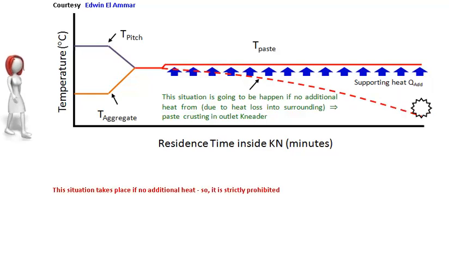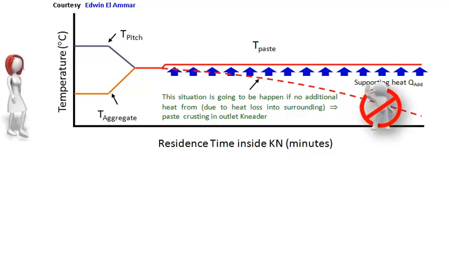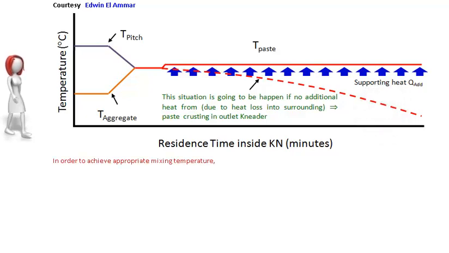This situation takes place if there is no additional heat, so it is strictly prohibited. In order to achieve the appropriate mixing temperature, additional heat from the mixer should be given.